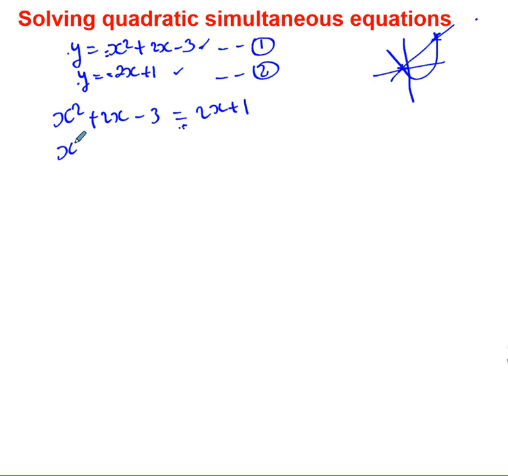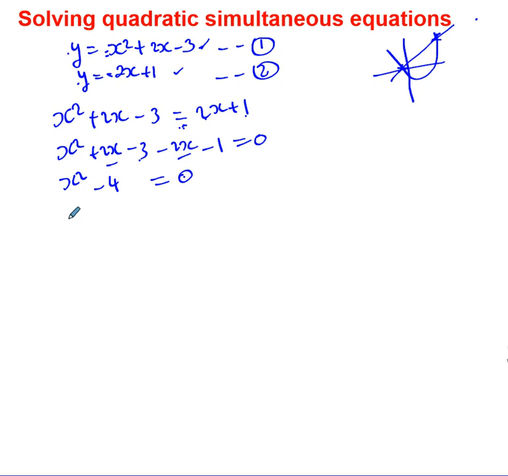So x squared plus 2x minus 3, and to balance the 2x, minus 2x, and plus 1, so on this side is minus 1 equals 0. Collect like terms: x squared, plus 2x minus 2x goes, minus 3 minus 1 gives you minus 4. So that's it, x squared minus 4 equals 0.